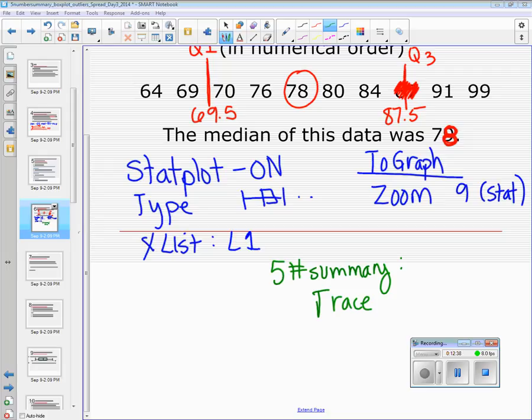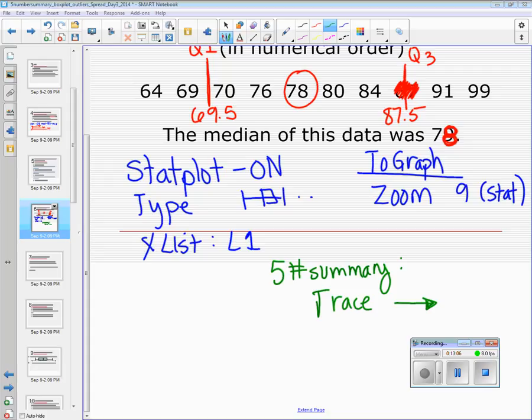Do you see that? And then if you hit the arrow to the right, it will go over all the parts of the 5-number summary. It'll tell you the minimum, quartile 1, the median, quartile 3, and the maximum. So you can find it there if you want. Okay, so trace from the graph and then arrow over, and it will display those numbers for you.